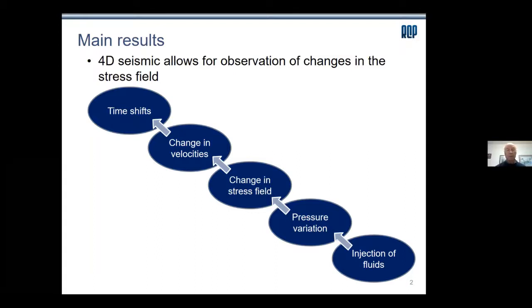One is to investigate time shifts, and I'll talk more about these time shifts as I go on. But there are other ways too that we can look at changes in impedance, which is the product of velocity and density, which also changes amplitude of our data.